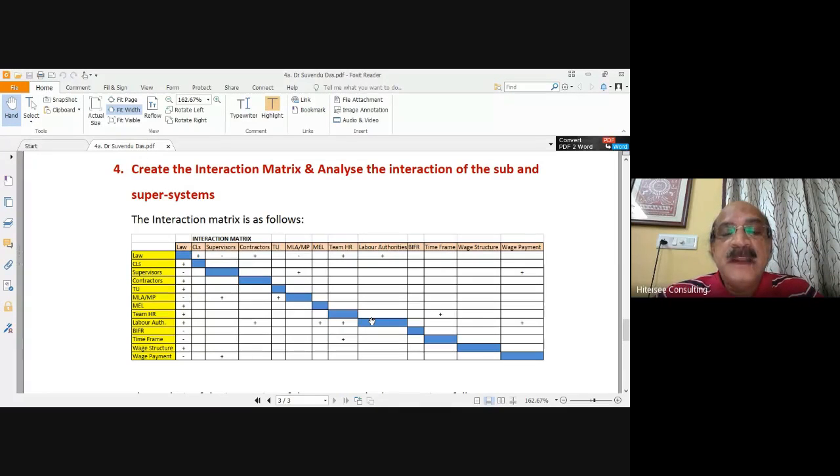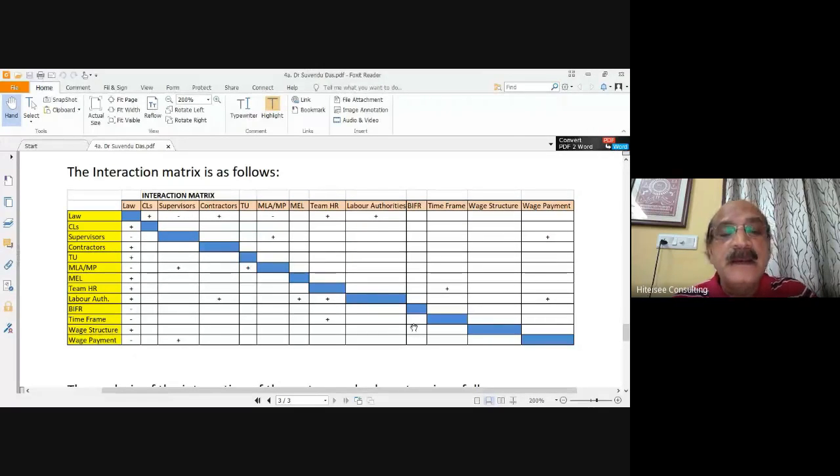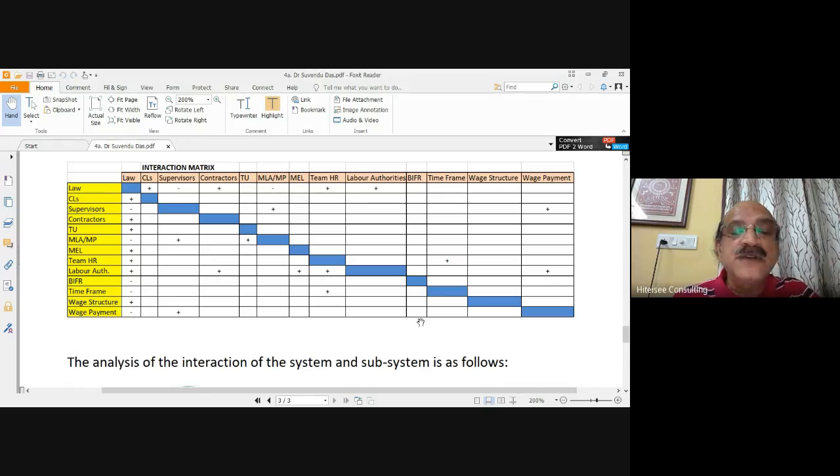Here I have taken a limited number of issues, but in practice there are a lot of issues, and because of the paucity of time, I could not accommodate them. Since there was a deadline, I could take up only some salient points, and the positive plus signs are those which contributed to the positive development of the systems and in the search for solutions.